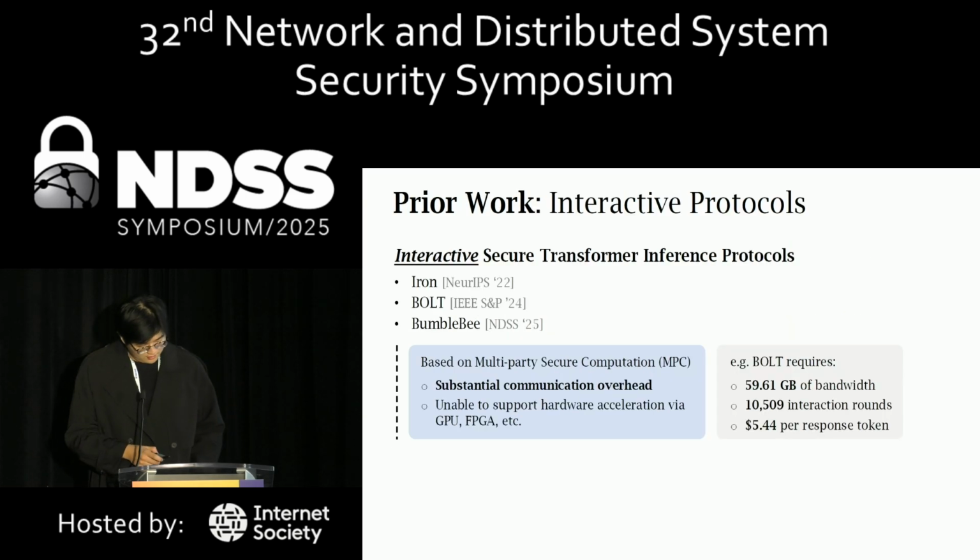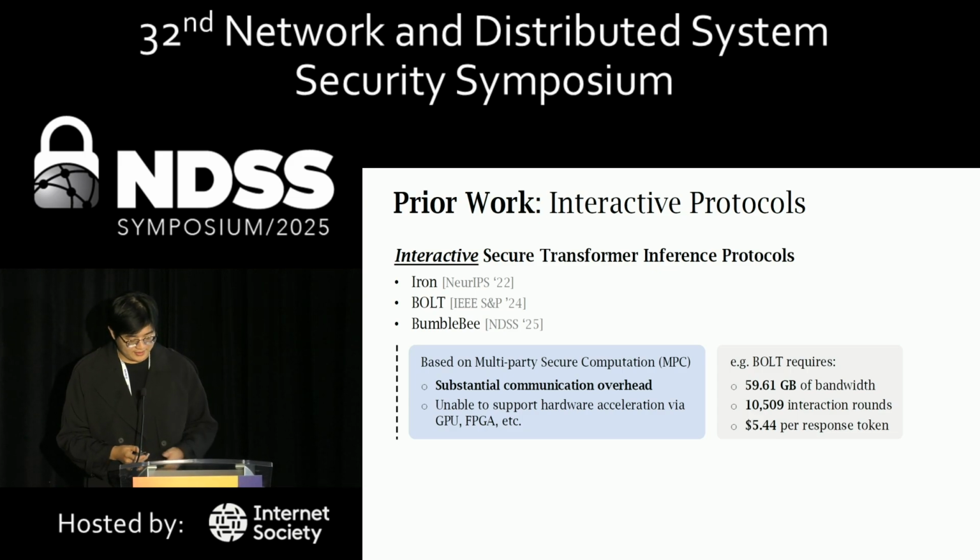It's noteworthy that most previous works are interactive, based on multi-party computation, which has two significant disadvantages. First, MPC will bring substantial communication overhead. Second, it's difficult to be compatible with hardware acceleration via GPU and FPGA, because the bottleneck of MPC-based protocols is the communication overhead.